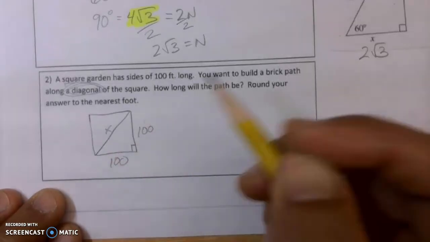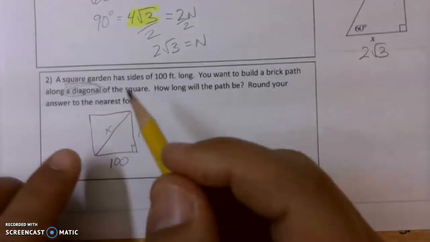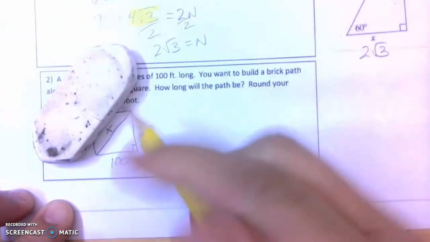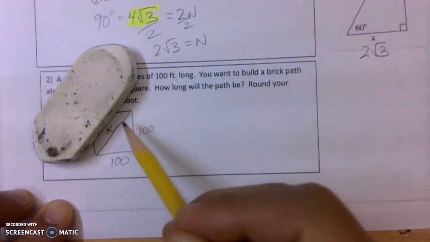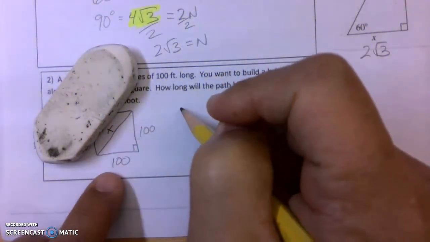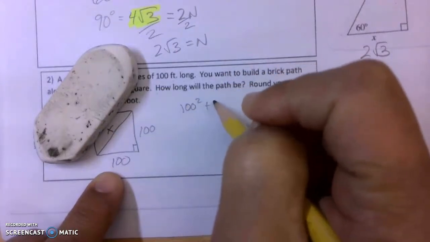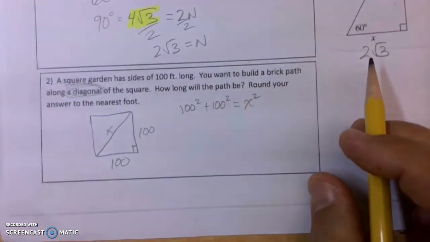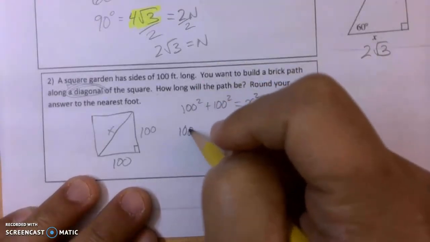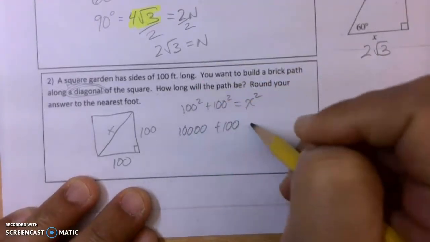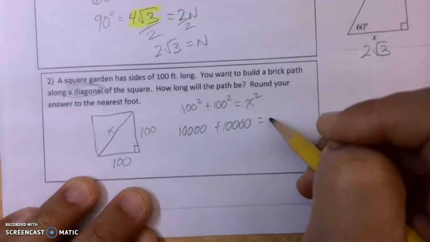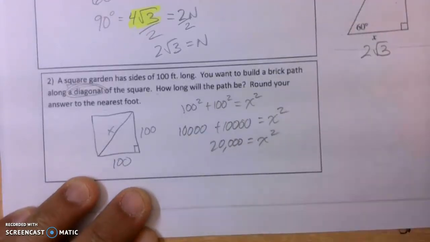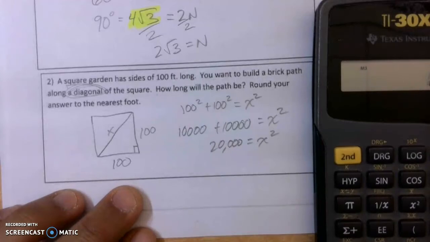Well, there's kind of two ways to do this. Although I drew a square, you can just focus in on the right triangle there at the bottom. And you can go a squared plus b squared equals c squared. 100 squared plus 100 squared is equal to c squared. 10,000 plus 10,000 is 20,000, the square root of 20,000, which I don't know what that is.